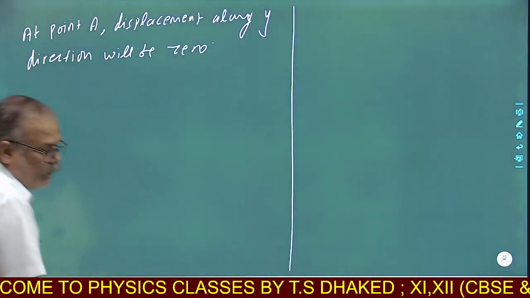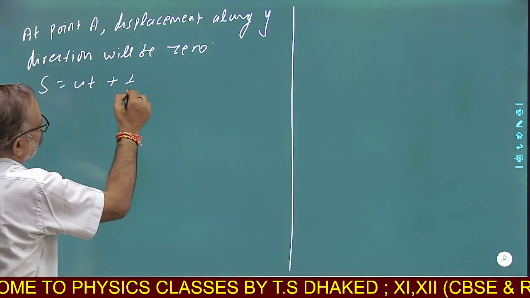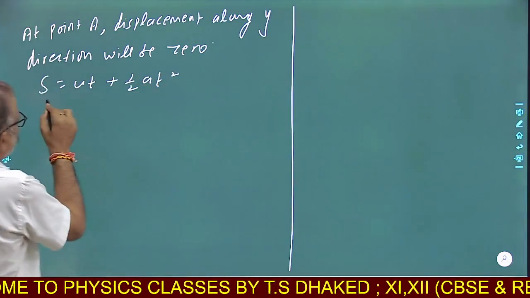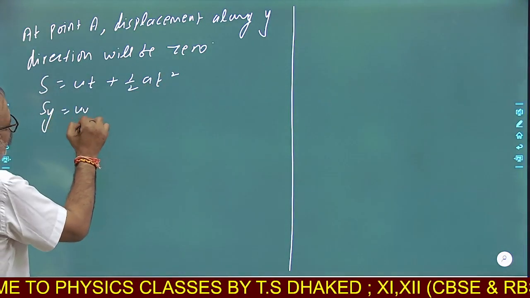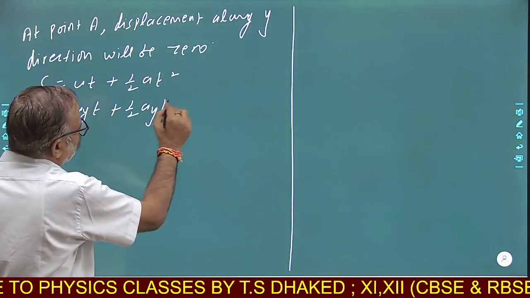Okay. According to the second equation of motion, S equal to ut plus half at square, Sy equals Uy t plus half ay t square.